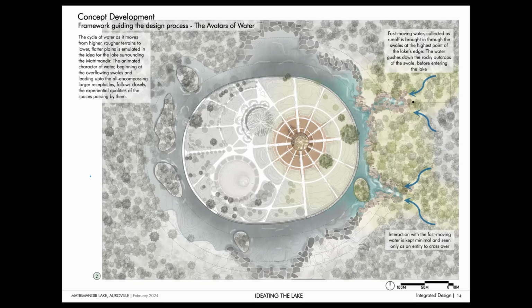And the idea is that the many different expressions of water, not just in different seasons, but also as different spaces, where in some cases it is more fast and turbulent, and in some other cases it is more placid and reflective. So the different qualities of water actually is reflective of the different avatars of water that we see that takes shape across this landscape.